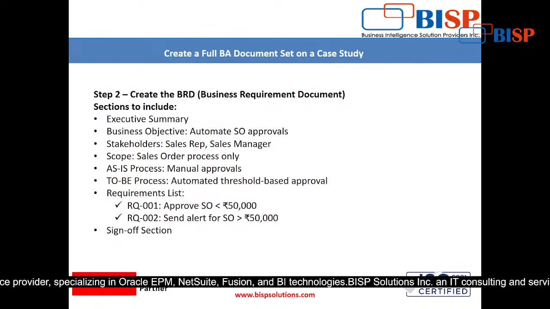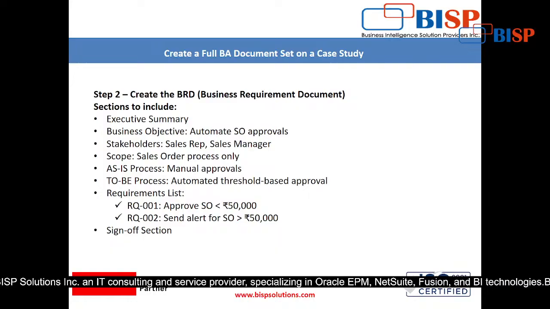Now the sections to include. First of all, you have to include the executive summary, right? I have explained what an executive summary is. Write a few lines about the client company, then who we are, and then finally what exactly they want, why they want this type of facility, why they approached us.